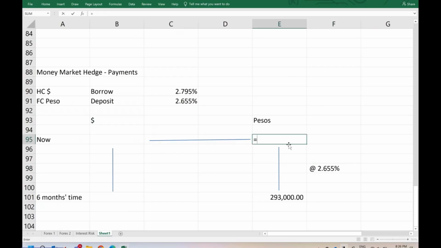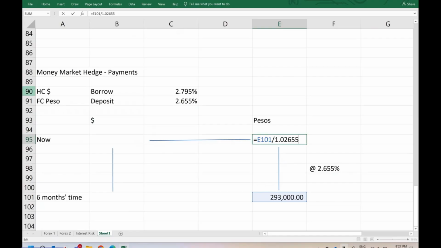What answer will you get? 1.02655. 285,422. What mistake did you make, Sumina? Maybe I made a mistake. No, this is a peso, right?